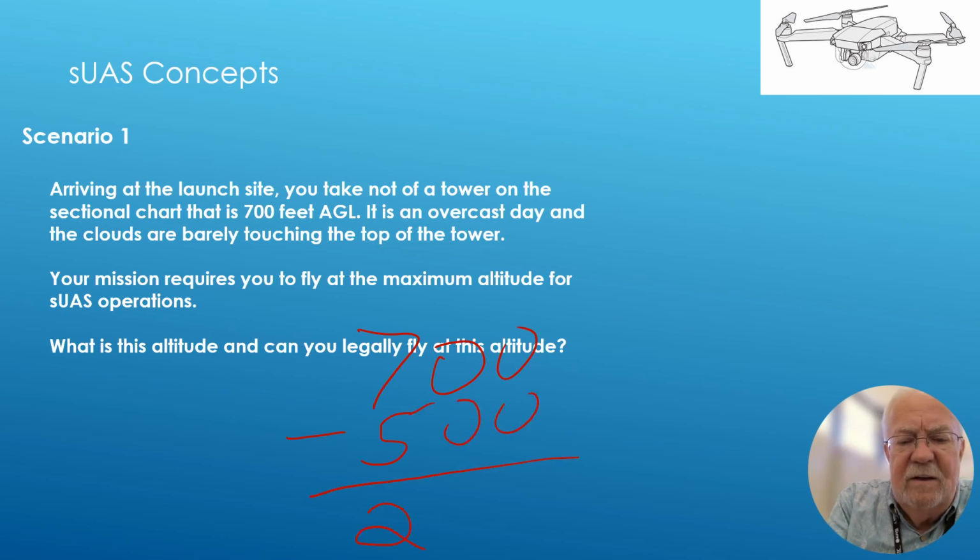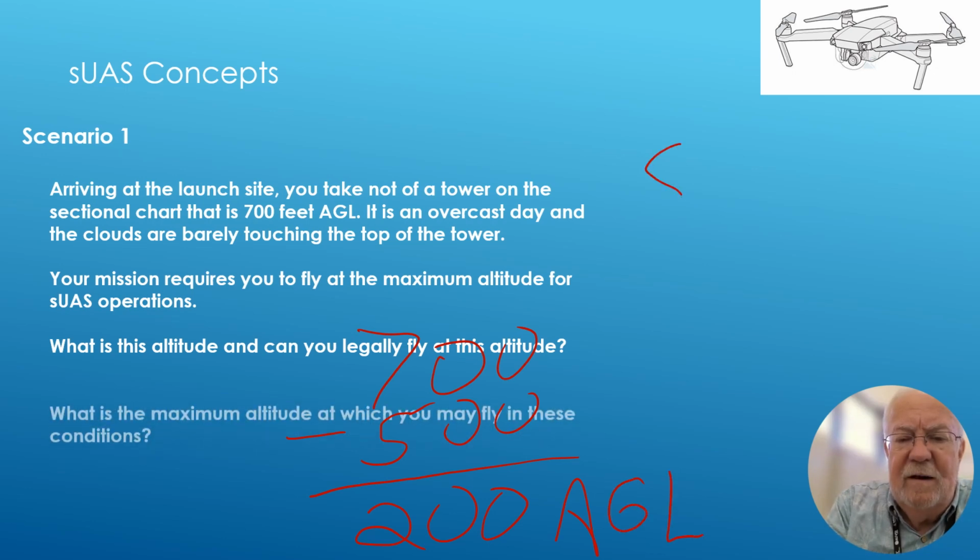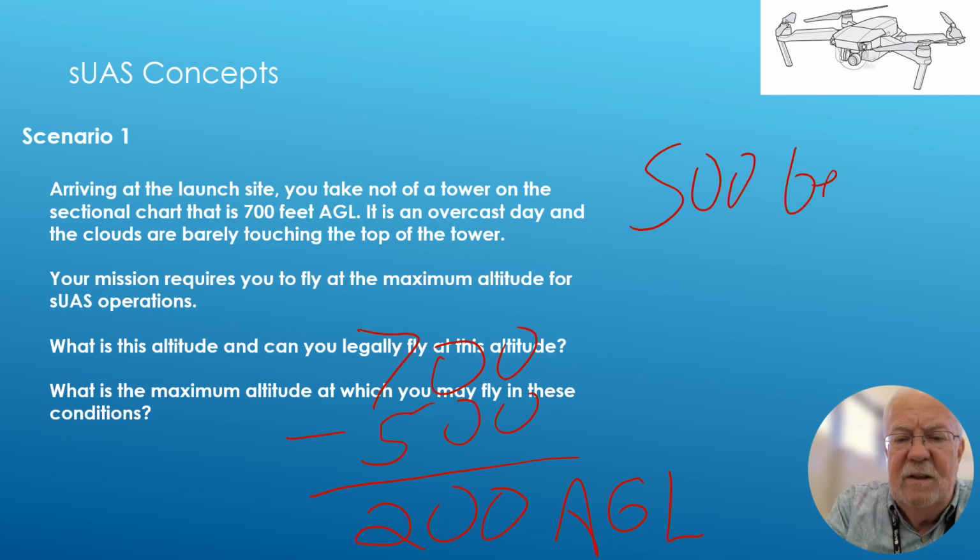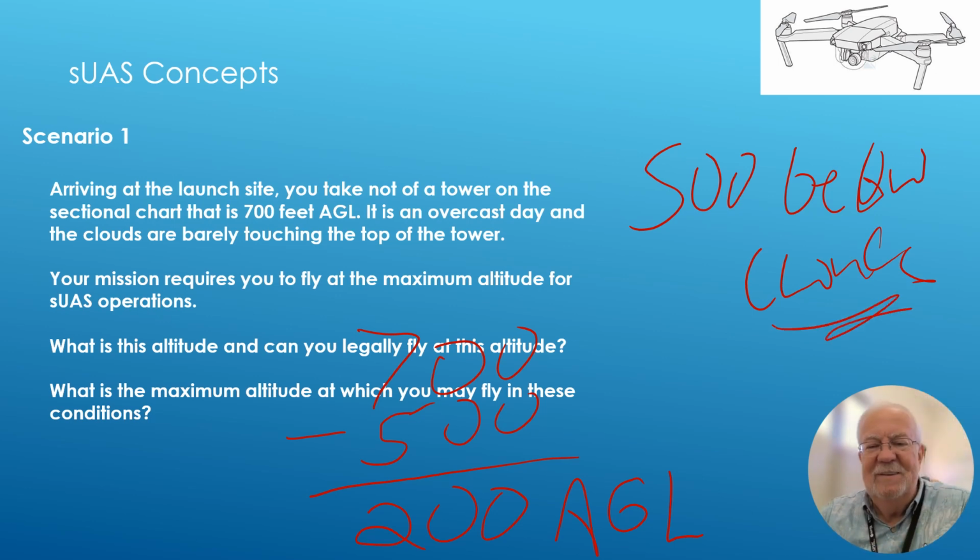So we can only fly 200 feet above ground level. We can only fly 500 feet below clouds. That's the scenario here. Okay, does that make sense?